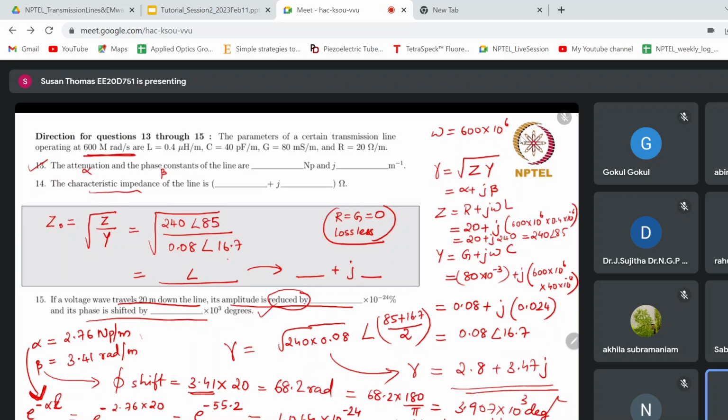To make it in percentage, multiply it by 100. So you will get it as 6.4%. Now there is a multiplication factor. Don't forget, that is 10 power minus 24, which is here. So the answer will be 6.4 into 10 power minus 24%. I hope this is clear. If there are any doubts, please do ask.